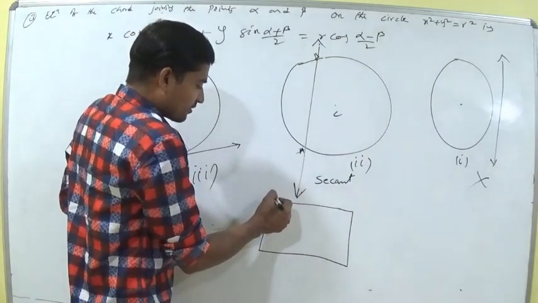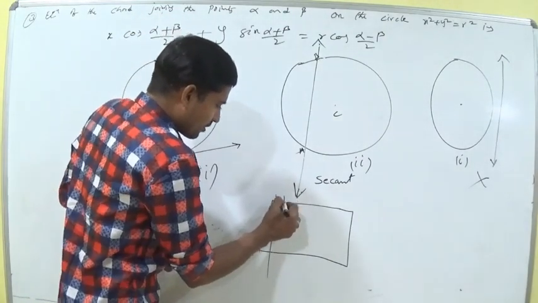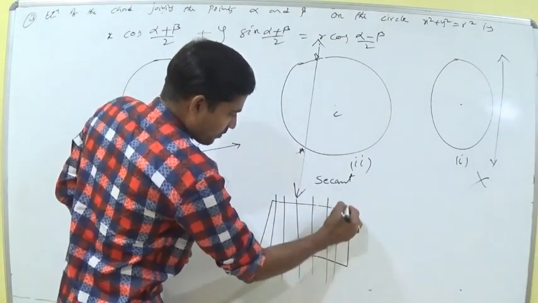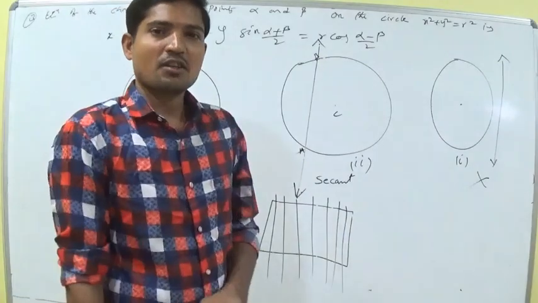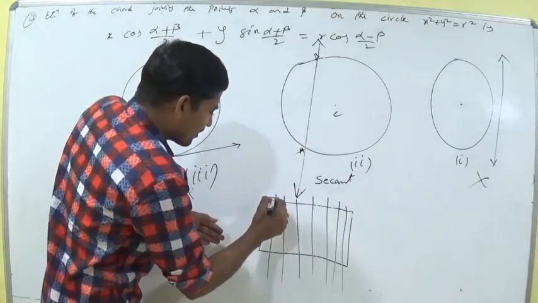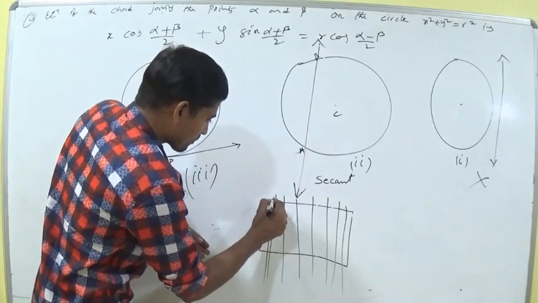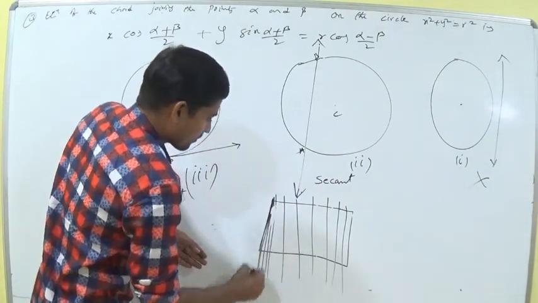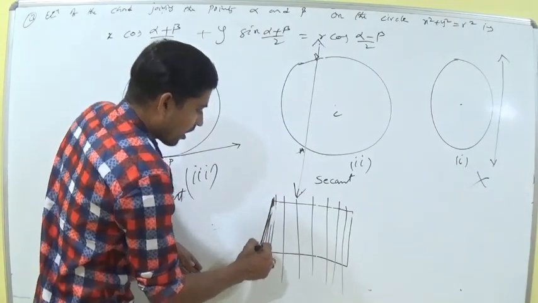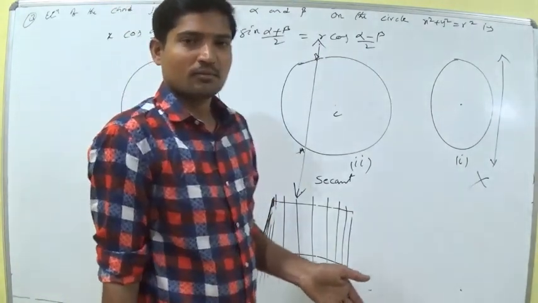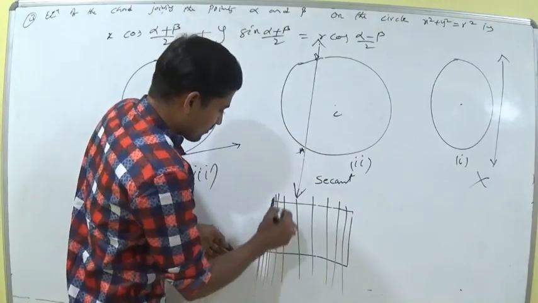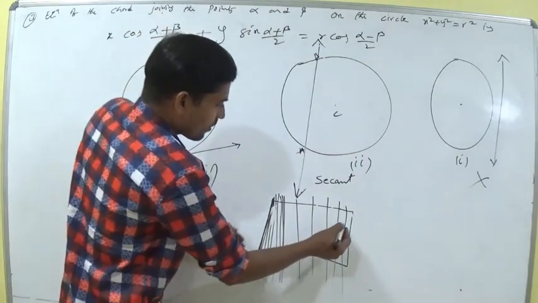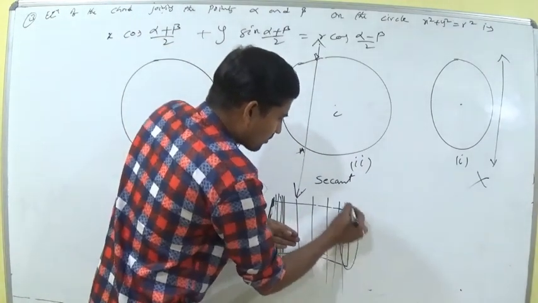We are dividing the piece into pieces, right? Again we can divide. Understand? And then we can't divide. Up to there only. Suppose let us take this pot.